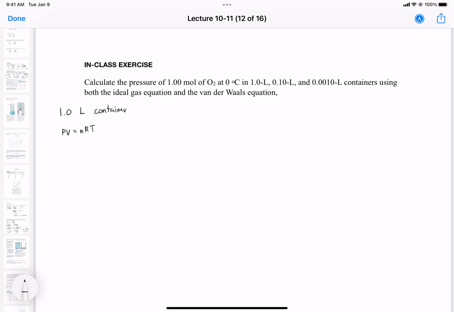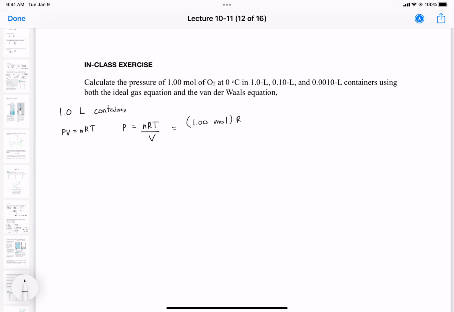So if we solve for the pressure here, we get nRT over V. Okay, so let's plug in everything. 1.00 mole. R, so let's just keep the R constant right there.